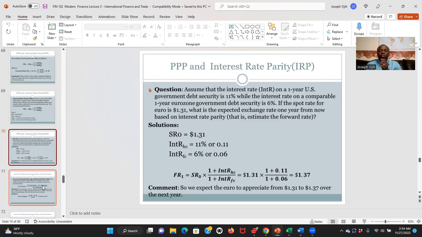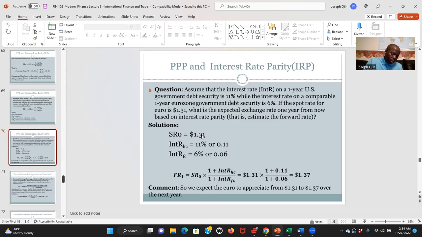If the spot rate for euro is $1.31, what is the expected exchange rate 1 year from now based on interest rate parity? In other words, it's asking you to estimate the forward rate 1 year from now. Again, write the numbers out. The spot rate, SRO, is $1.31.